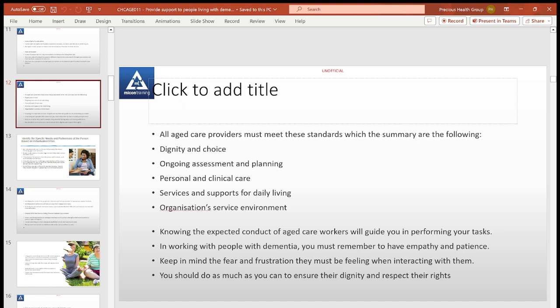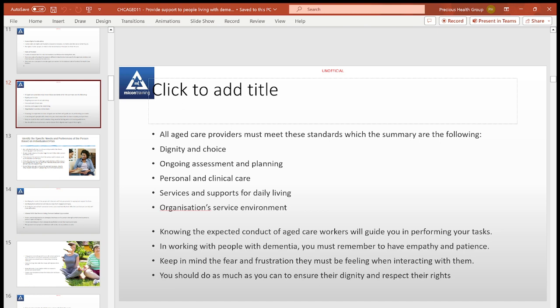Ongoing assessment and planning needs to always be provided. Ongoing assessment in the sense that we need to understand how the disease is actually affecting them. Are they declining so fast, or can they still manage? And what are those supports that we need to review or put in place due to this level of declining that we have identified?